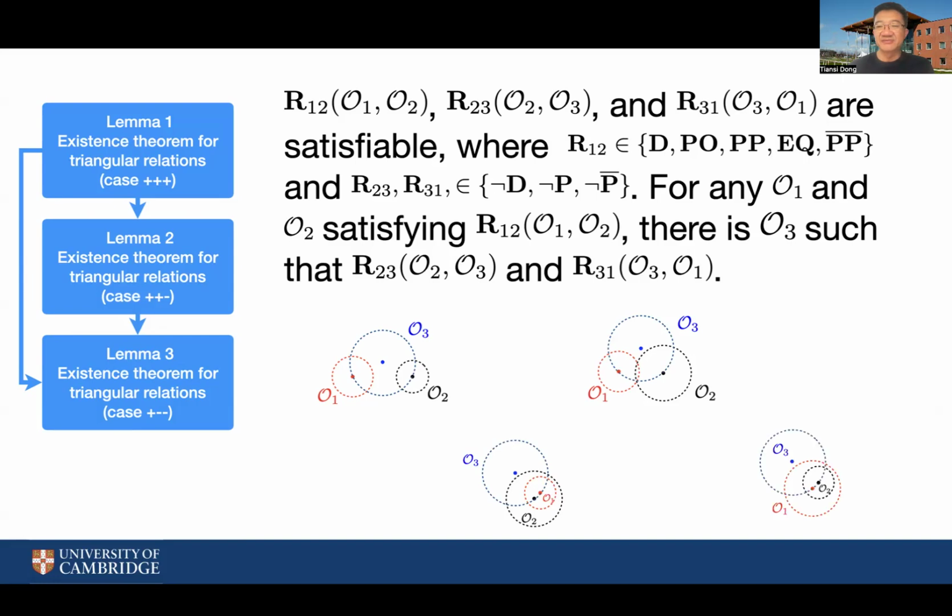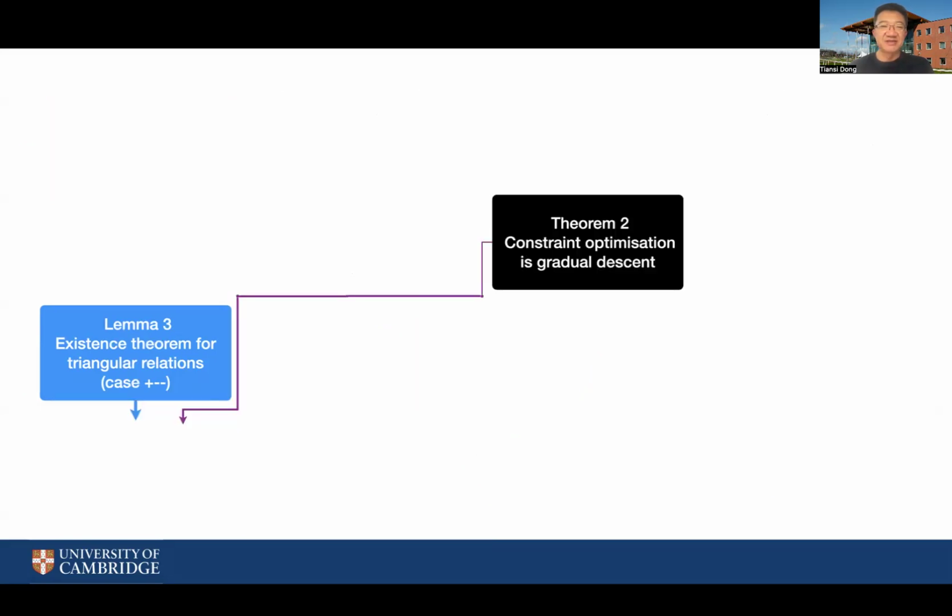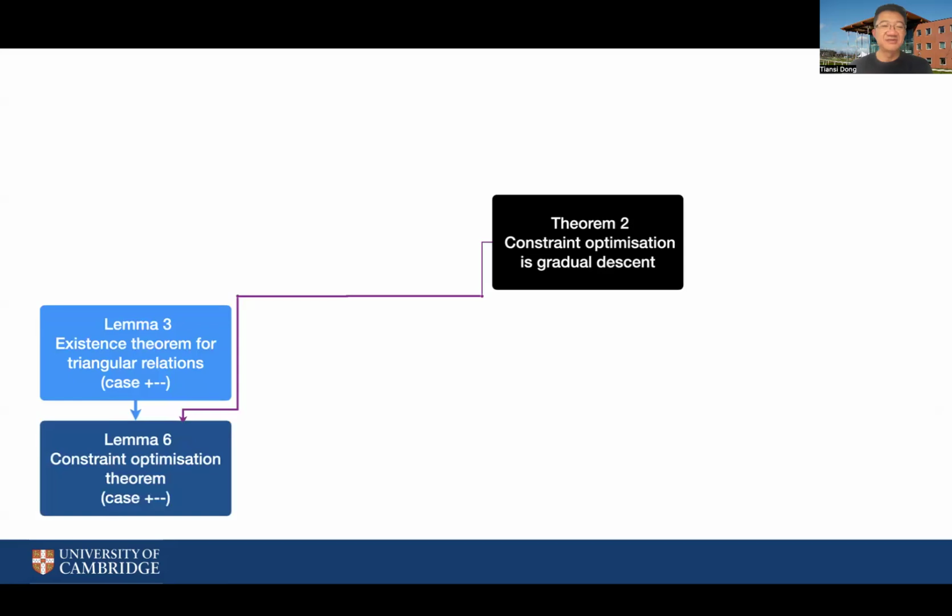In either case, we can find this X star that satisfies the three relations. Then we extend the power of our network; it's provable also for the second and third relations both negative.